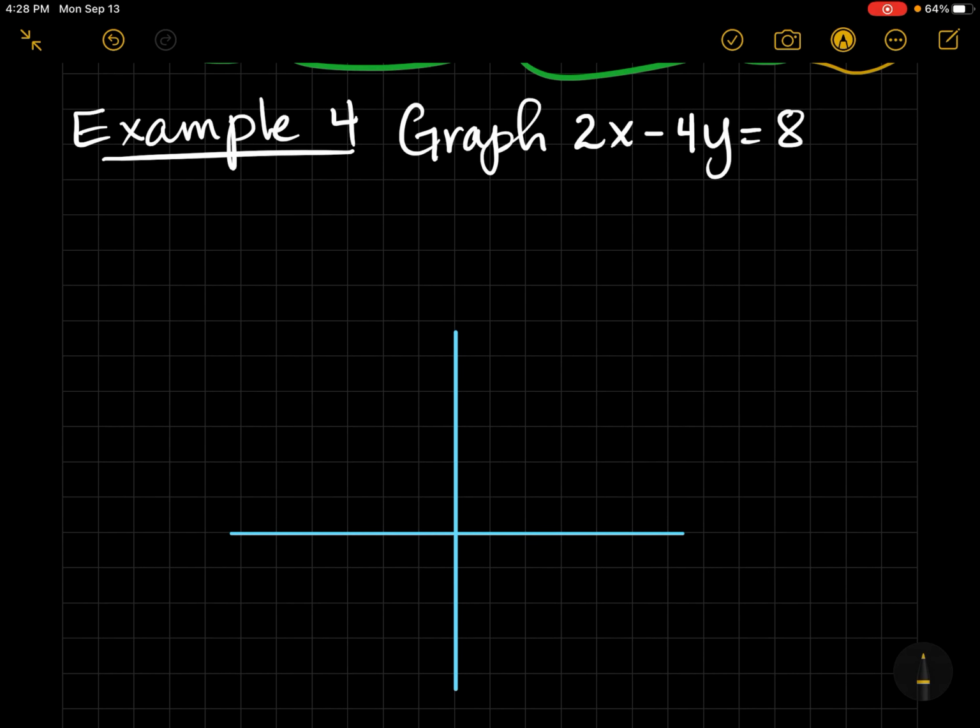Before we even get into this, I definitely want to say, yes, you can convert this to slope-intercept form, okay, by moving your 2x over, making it negative, and dividing everything by -4.